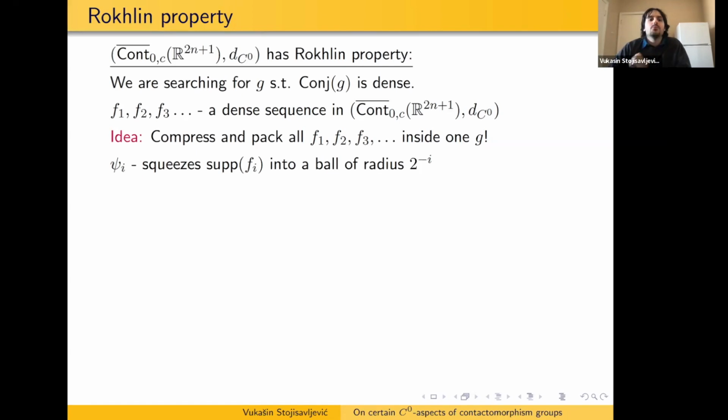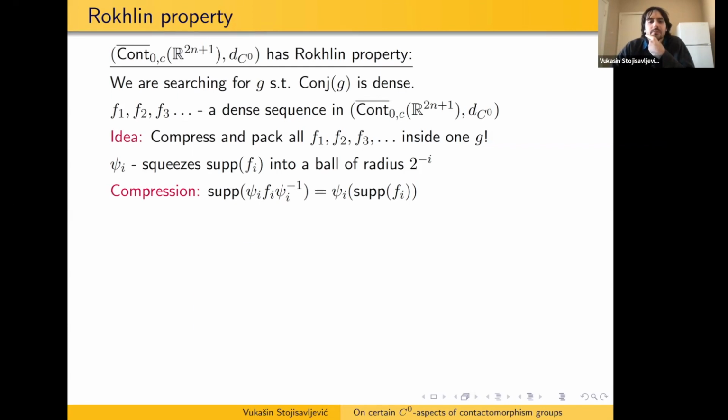So we pick a contact homeomorphism which squeezes the support of f_i into a tiny ball, actually of exponentially decaying balls, the ball of radius 2^(-i). And then we notice this magic identity: the support of ψ f_i ψ^(-1), the conjugate by ψ, is just ψ of the support.